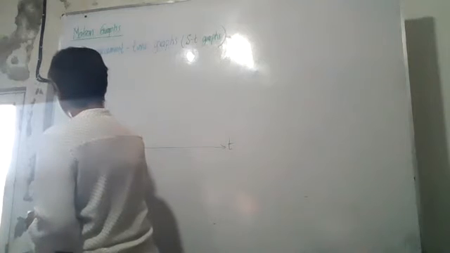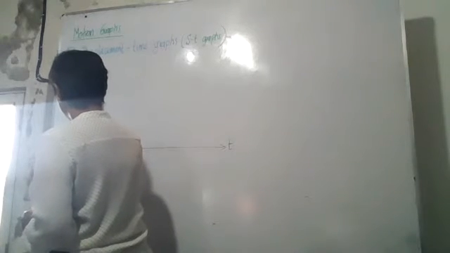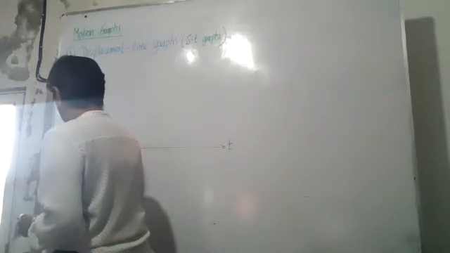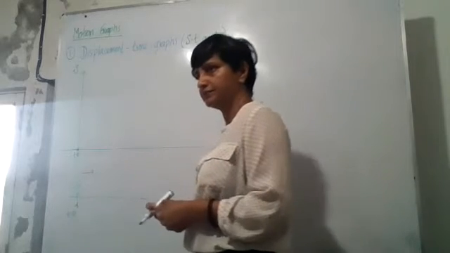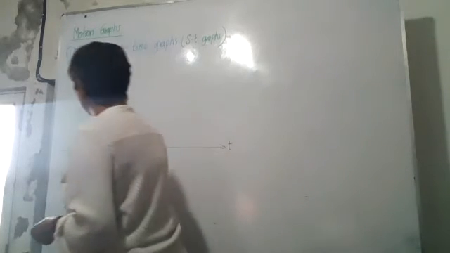If the graph goes like this, just think about it. I'm starting here, so this is t equals 0, where I start to count time. It starts from 0 here.